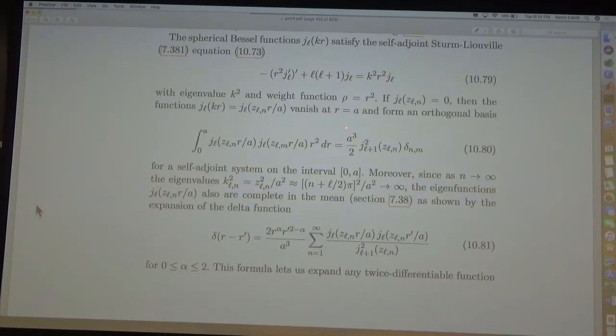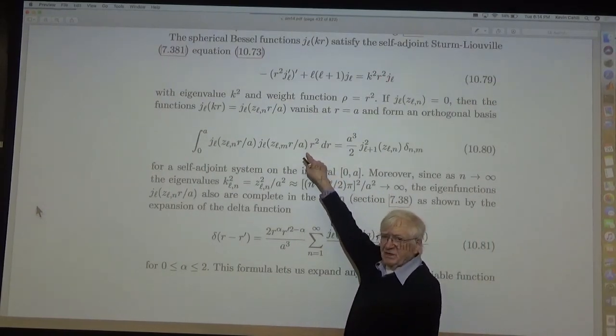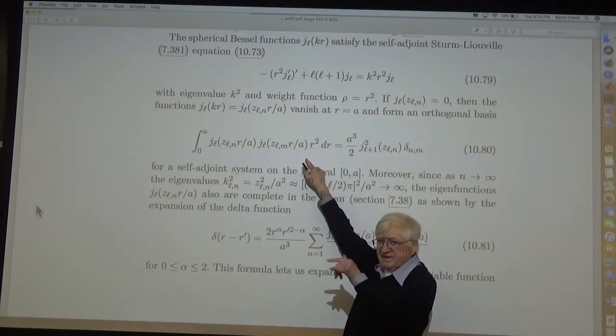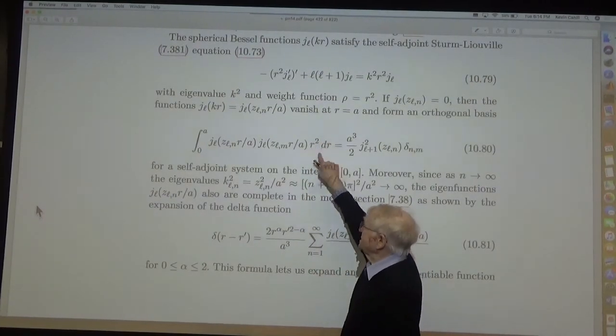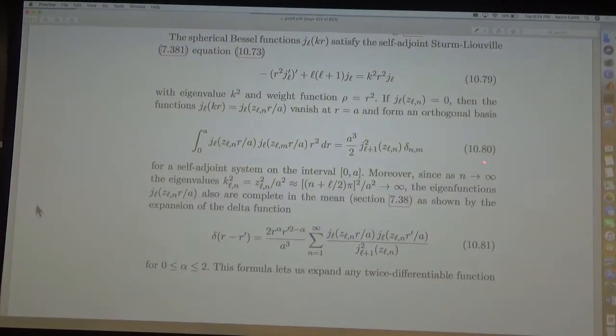And notice what we're doing here, the weight function is r squared, and of course that's the volume element in spherical coordinates, r squared dr sine theta d theta d phi. So this is the r squared dr part, and that's the orthonormality relation.